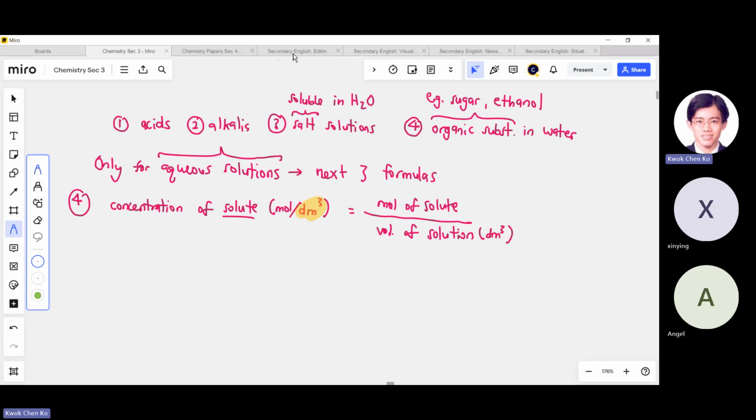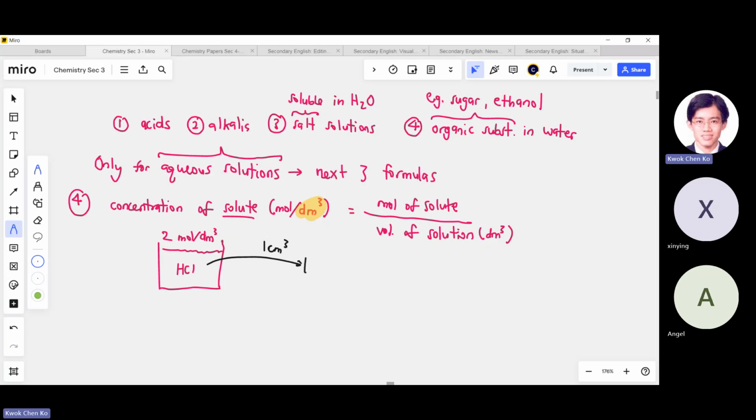But what is concentration anyway? Let's say you have this beaker of acid, let's say HCl, and they tell you 2 mole per dm cube. That means I can just pipette out any volume. Let's say I pipette out 1 cm cube.